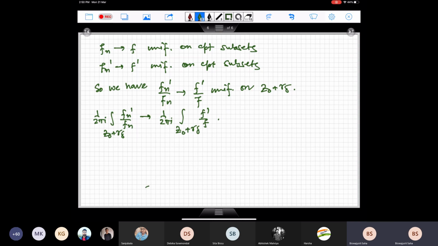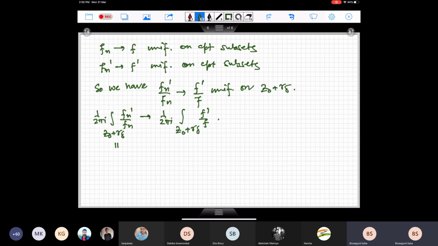Okay. Now, what is this integral? Can you tell me what this integral is? You have seen the argument principle already, right?